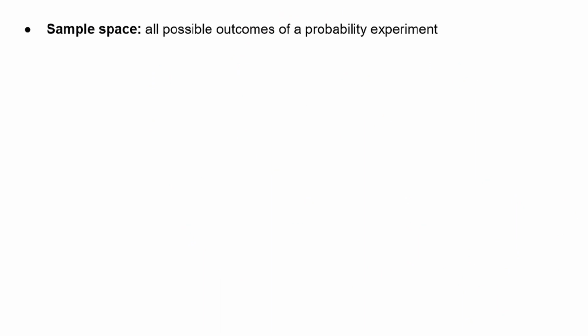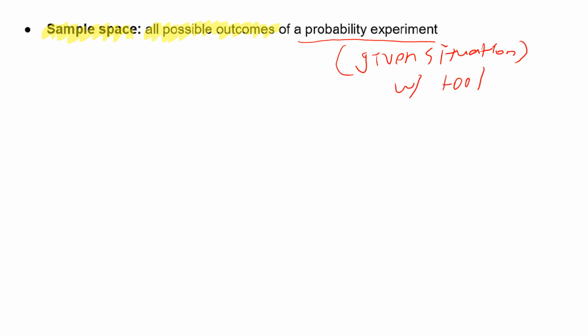So let's get into the real lesson portion here. What is a sample space? A sample space is literally listing every single possible outcome in a given situation. I put it in the words of a probability experiment, or I like to say a given situation with some kind of tool.